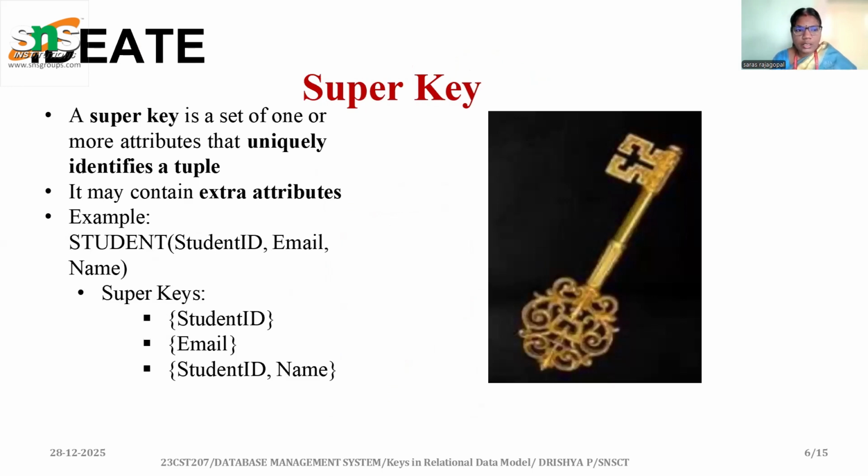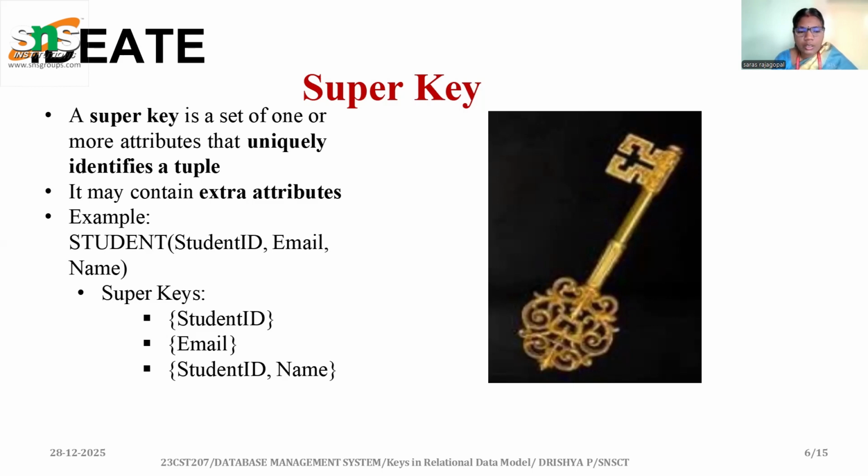Super key. The super key is a set of one or more attributes that uniquely identify a table. That is, it can contain extra attributes, more than one attribute, used to identify the relation in the table. For example, the student table has three fields: student ID, email, and name.